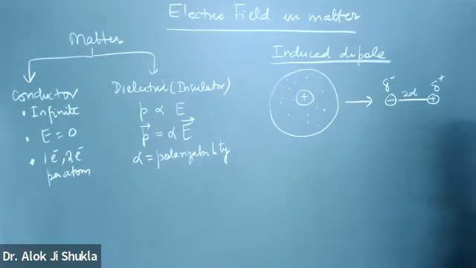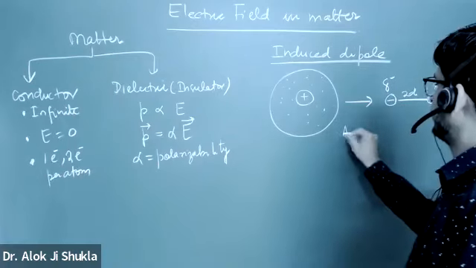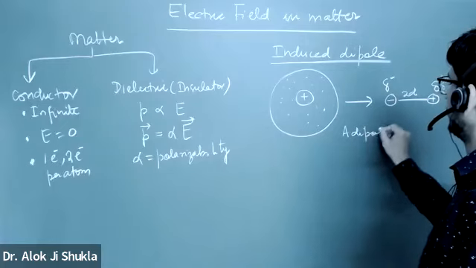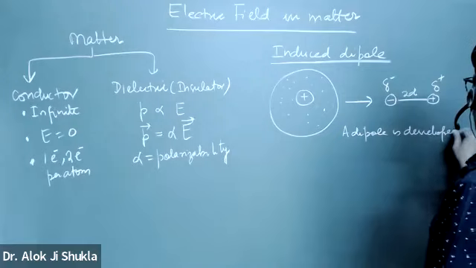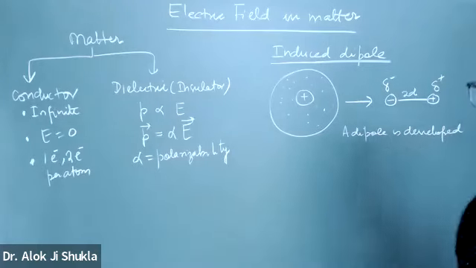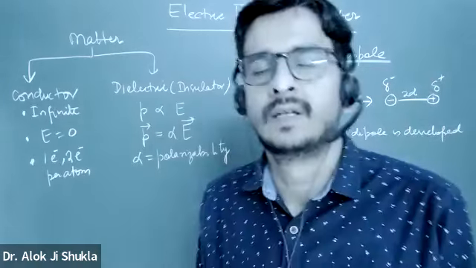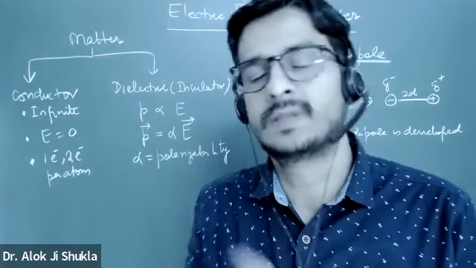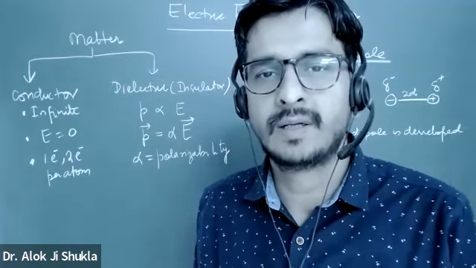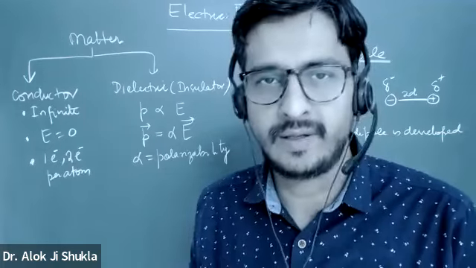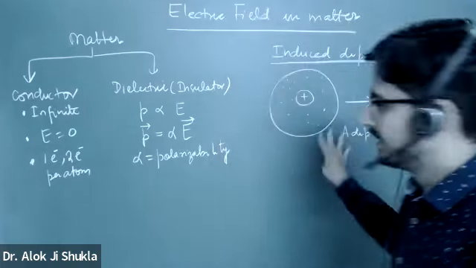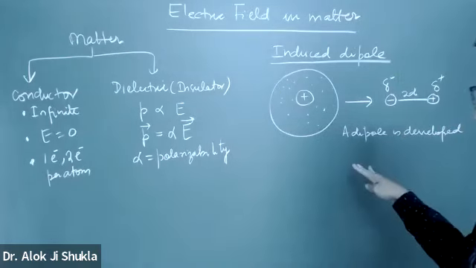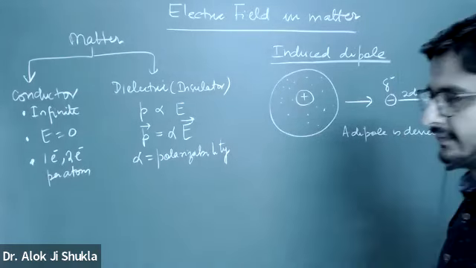Yes or no? So a dipole is developed. How much this separation will happen and how much dipole moment will be developed, that all will depend on different kind of substances, right? But this is what is happening at the level of the atom when you apply an electric field.